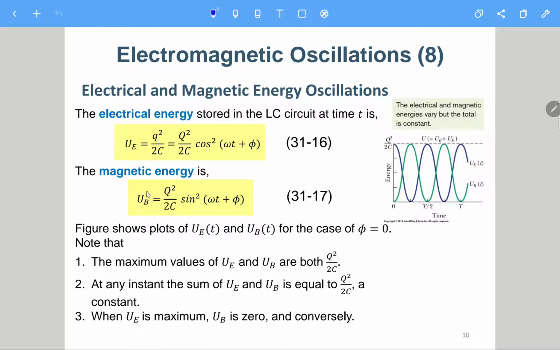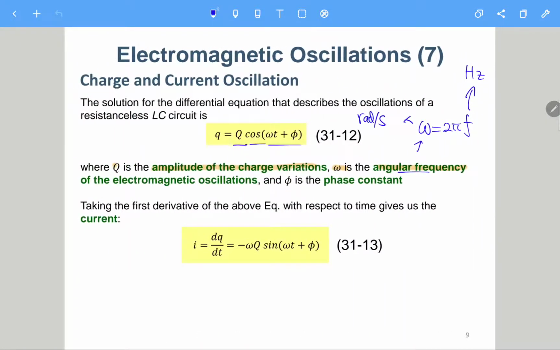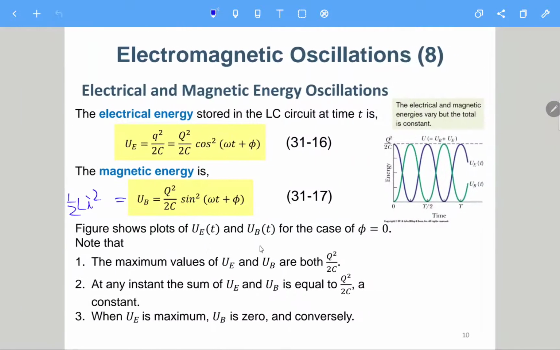And for UB it is 1/2 L i square. So we need to make use of this one. We still take the square of this term, so minus square will be positive, and then we have omega square Q square.